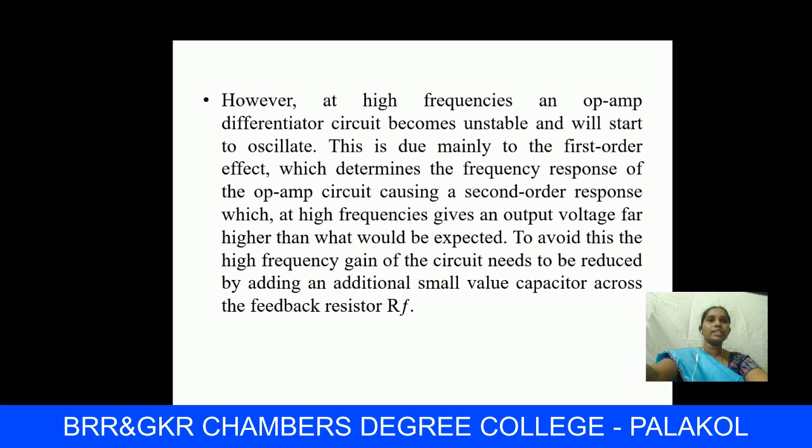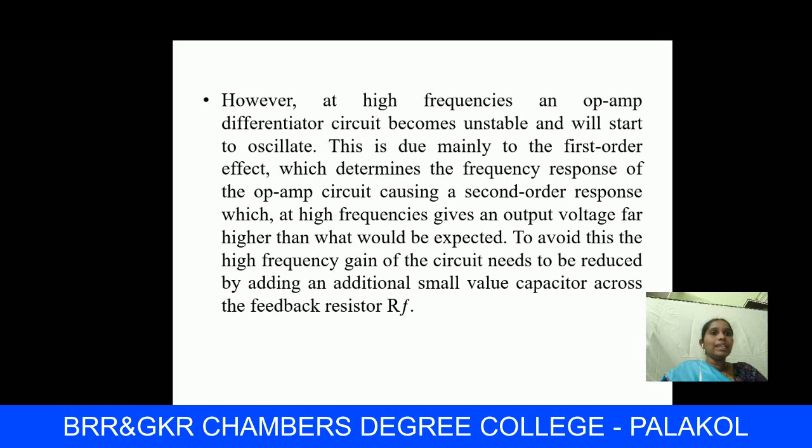At high frequencies, an output voltage far higher than what would be expected results. Here, to avoid this high frequency gain of the circuit, you need to reduce it by adding an additional small value capacitor across the feedback resistor RF.